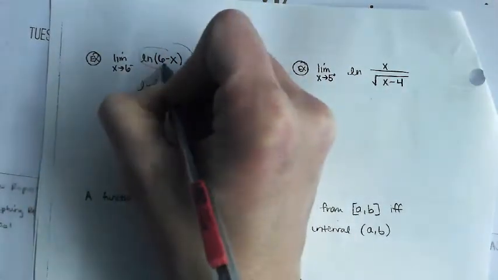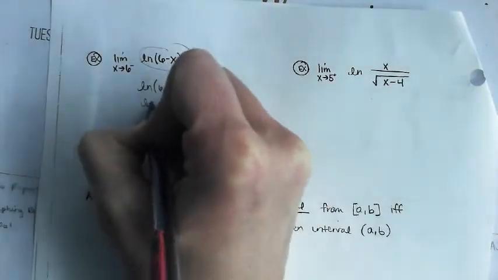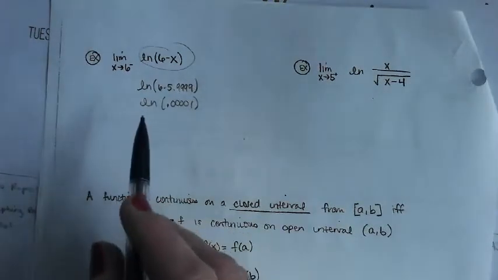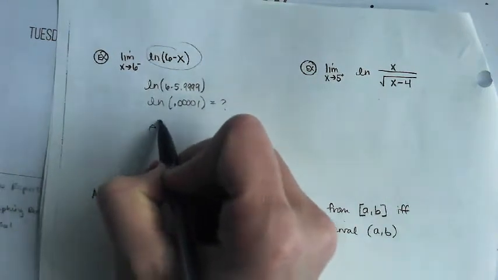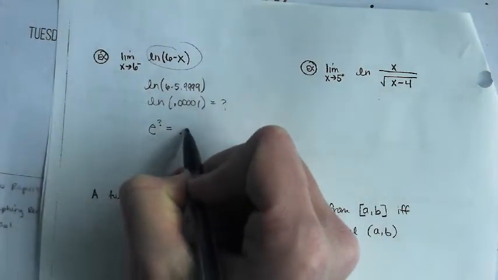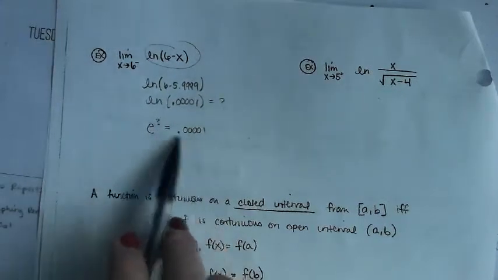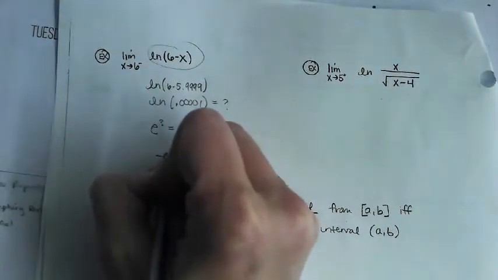Natural log of 6 minus 5.9s is going to ask you for the natural log of 0.0001s, and that's only going to get smaller and smaller and smaller. So when you're trying to evaluate this, e to what power equals tiny, tiny, tiny numbers? We talked about this yesterday. Huge negative numbers are going to yield teeny, tiny decimals. So this is negative infinity.